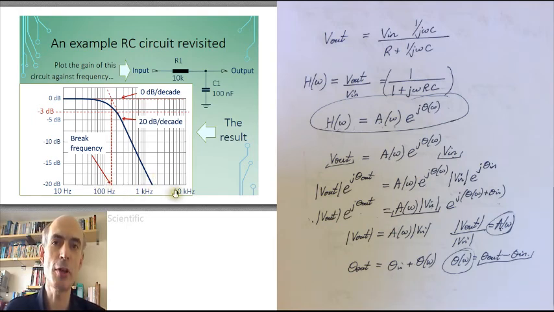But assuming that we've done this, we can extrapolate that high frequency straight line to where it meets the low frequency straight line, and where those 2 points meet is called the break frequency, or sometimes the corner frequency. And that's an important parameter that we'll be returning to later.